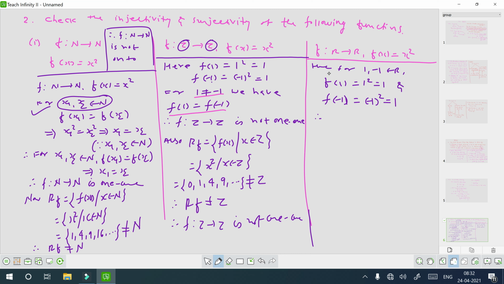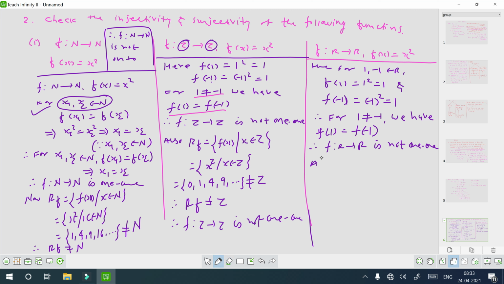Therefore for 1 not equal to minus 1 we have f of 1 is equal to f of minus 1, and therefore f from R to R is not 1-1.